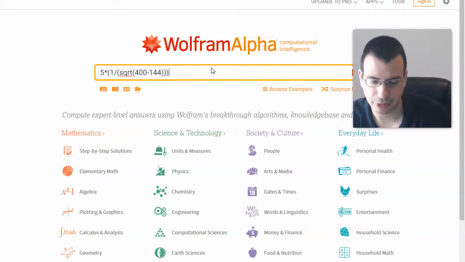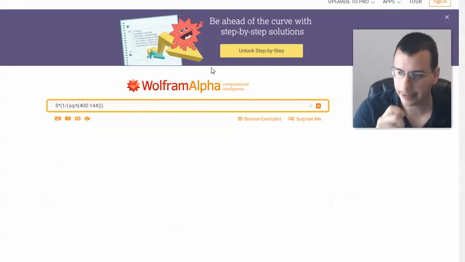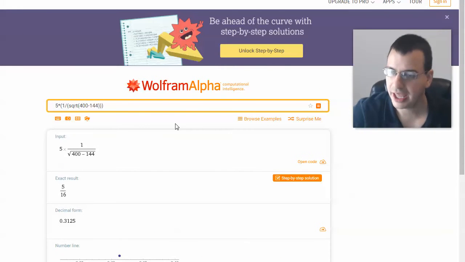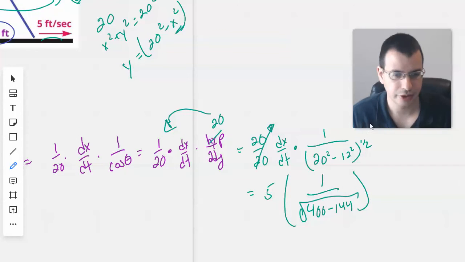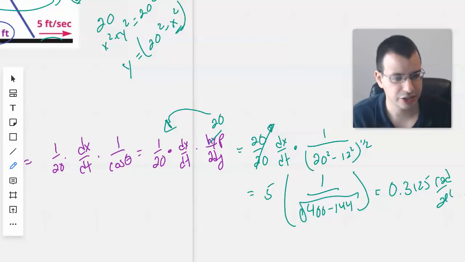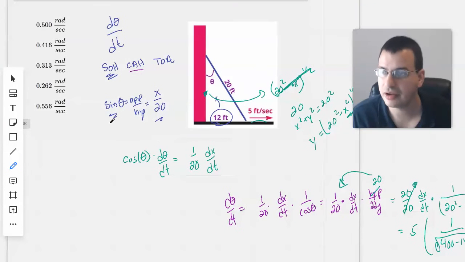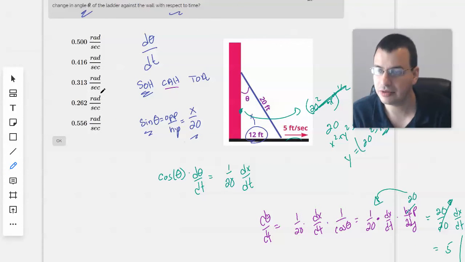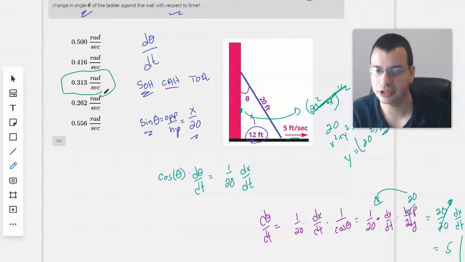Yeah, you can have a third parentheses. That's probably good too. And our answer is 0.3125, and this will be in radians per second. 0.3125. Yep, a reasonable possible answer, which is nice.